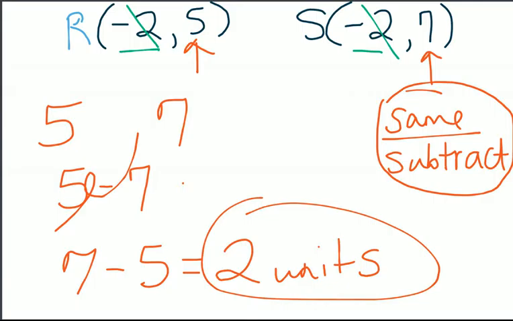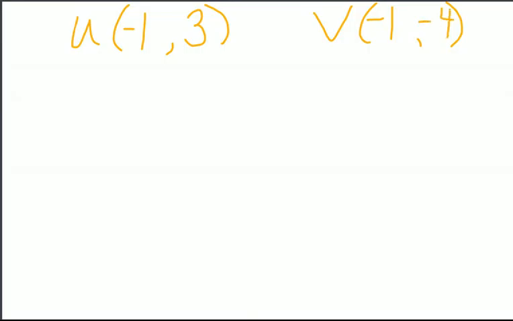Alright, let's do one more. Okay, let's find the distance between U and V. Okay, point U is negative 1, 3, and point V is negative 1, negative 4.